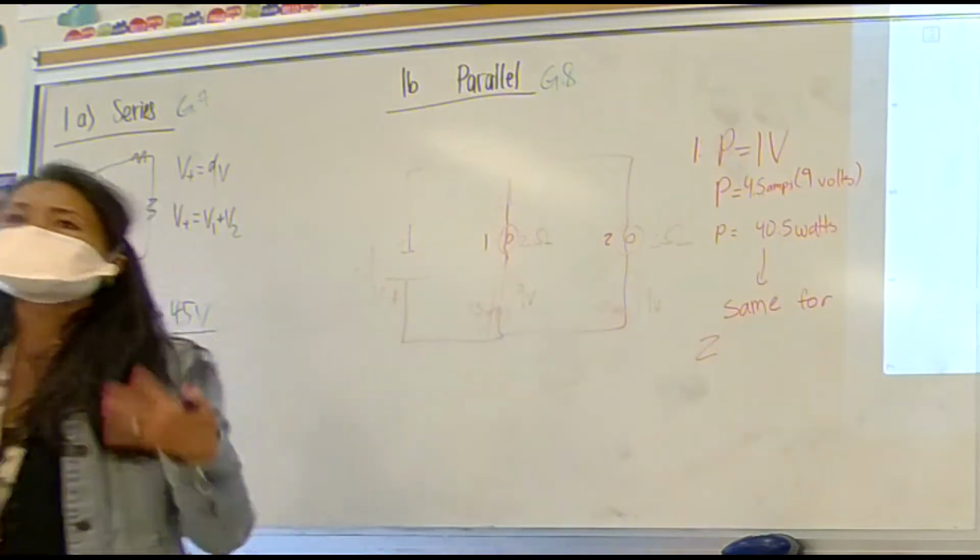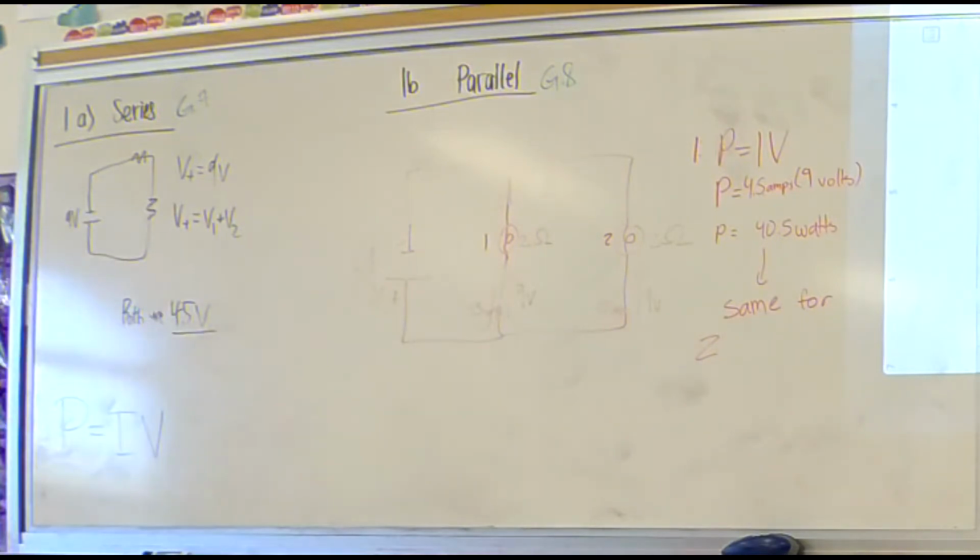So just conceptually, between a parallel and a series circuit, which one is going to have the brighter bulbs and therefore more power? Can anyone tell me? Series? It's actually the parallel. So you want to make sure, and you guys are already building these series and parallel circuits in your house, that in order to check that they are built correctly, you see that your parallel light bulbs are brighter than your series light bulbs.